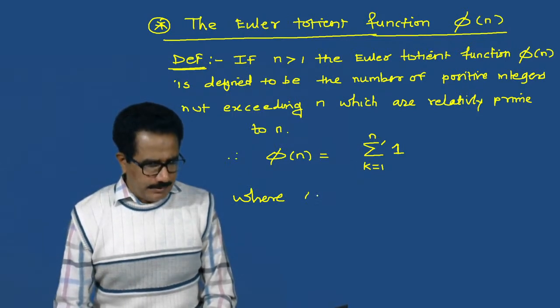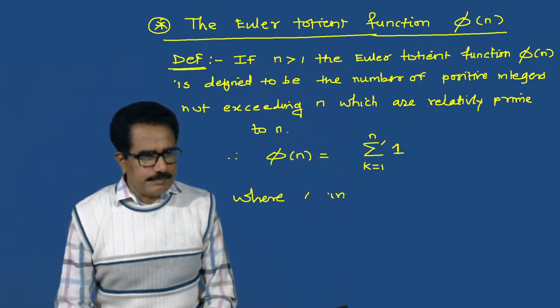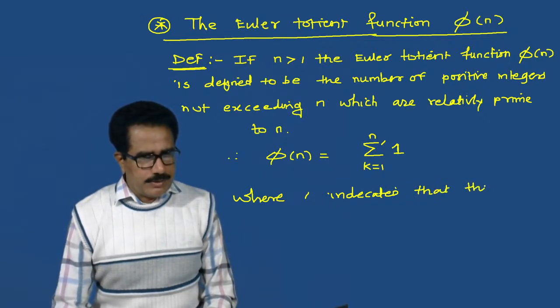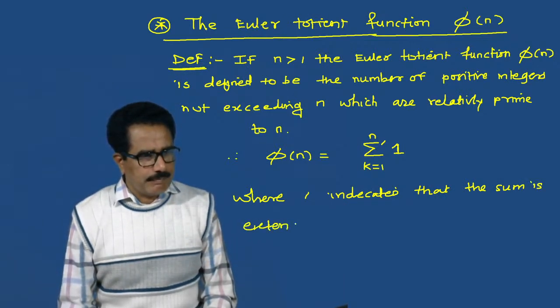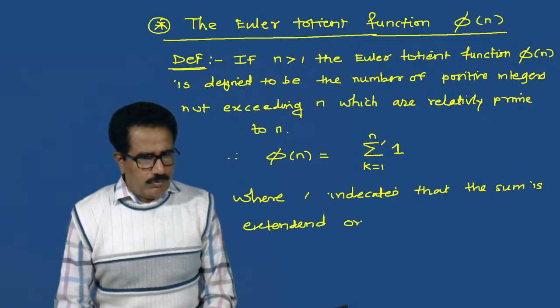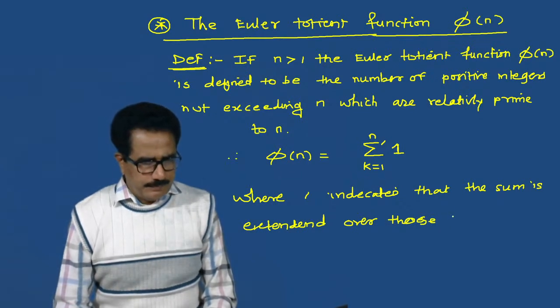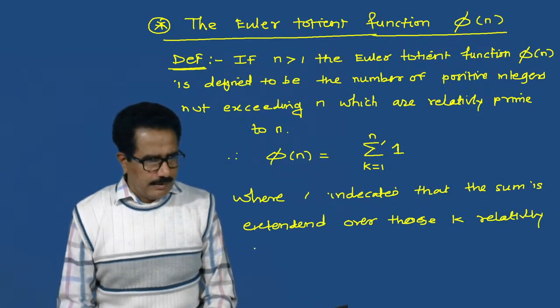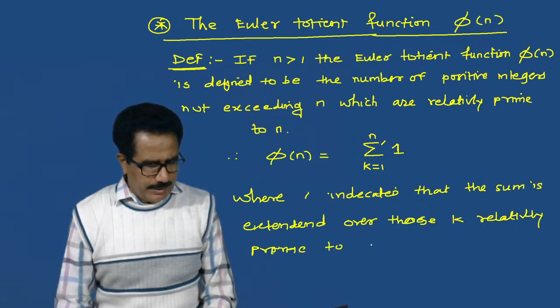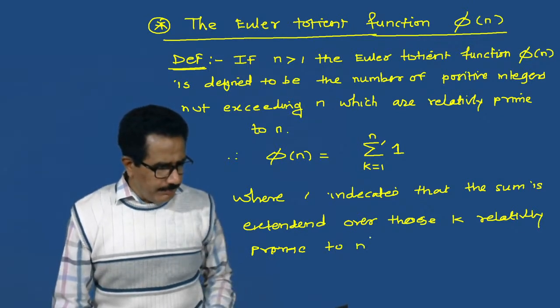this dash indicates that the sum is extended over those k relatively prime to n.